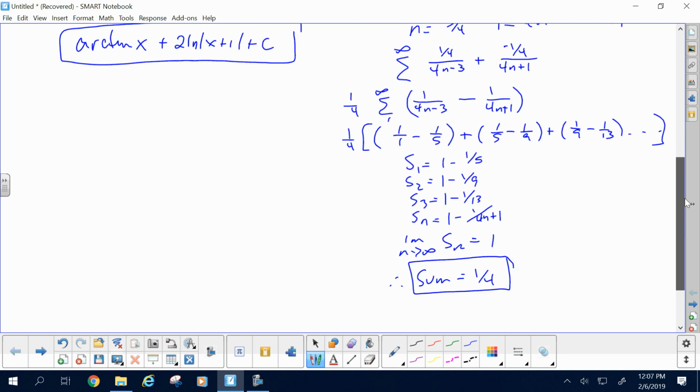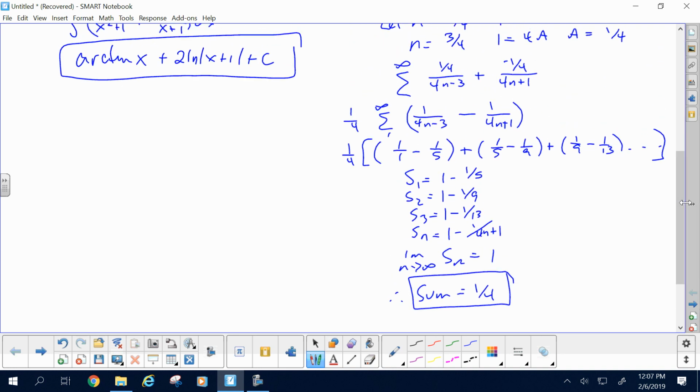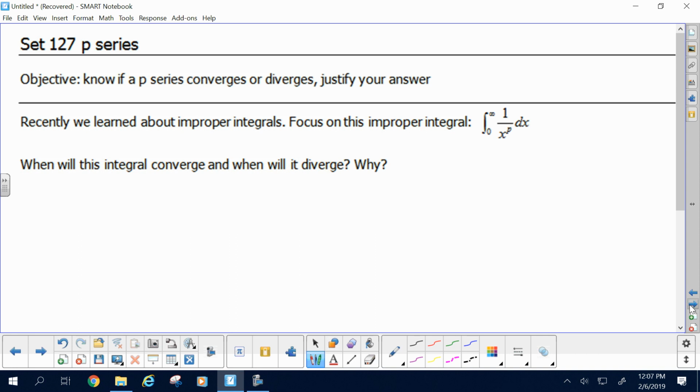Okay. All right. So that converged. It did converge to a sum of 4. Yes. Okay. Moving on to today's lesson, P-series. If you've been doing as I asked, and you did a geometric series, you identified it first and foremost as a geometric series before you did anything else.